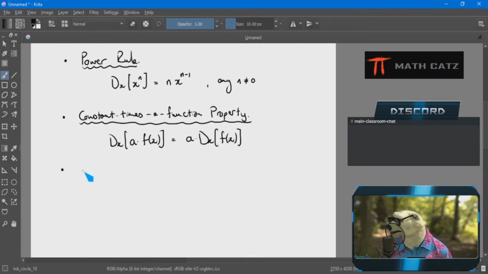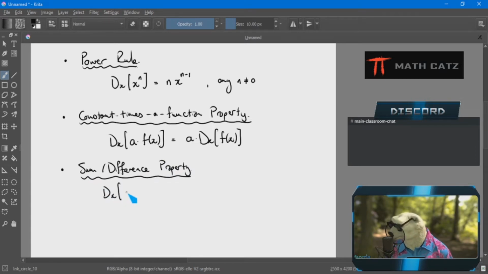I wish it did. Then I also have this sum or difference property. Really, this is two properties in one, one for the plus, one for the minus, but because they look the same, people just merge them together.